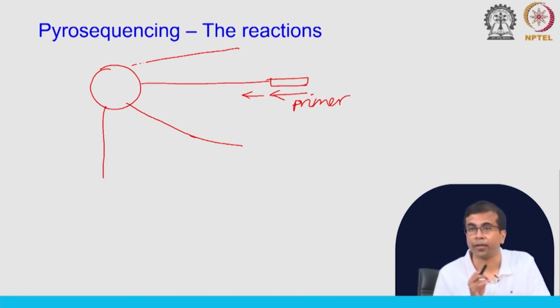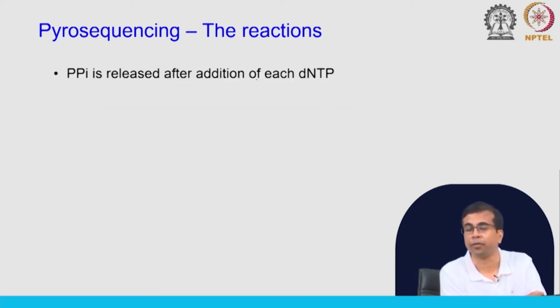For that we need DNA polymerase and dNTPs. What kind of dNTPs? These are normal dNTPs, there is no modification. They will come and bind based on the complementary base here. Whichever base is present in the other strand, based on that they will be incorporated in the growing strand here. There is a release of pyrophosphate after addition of each dNTP.